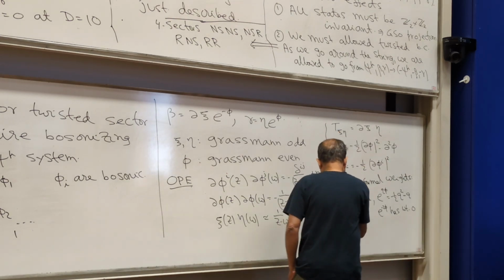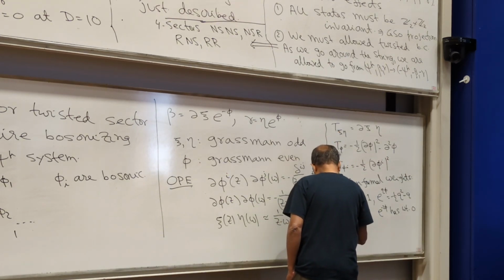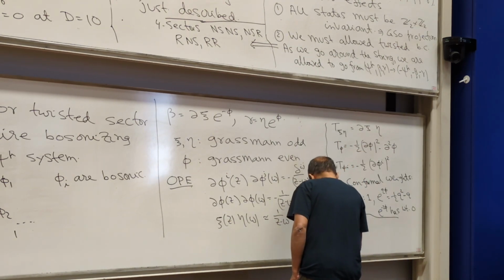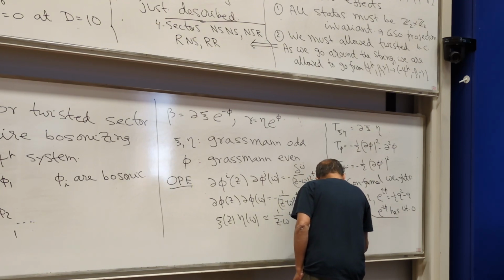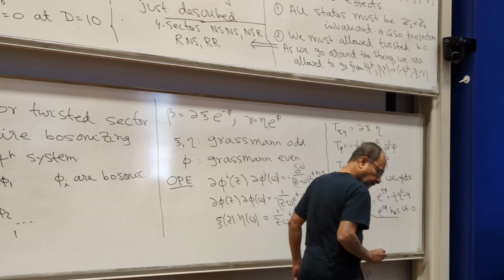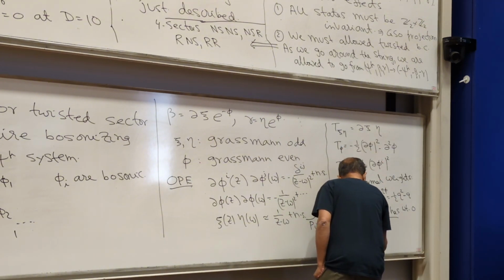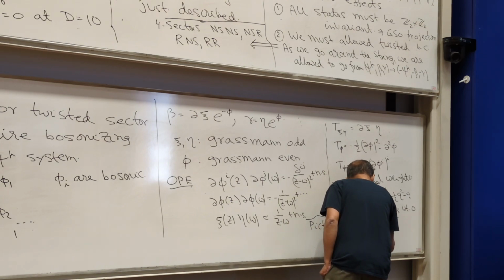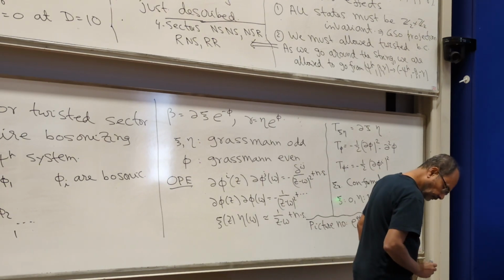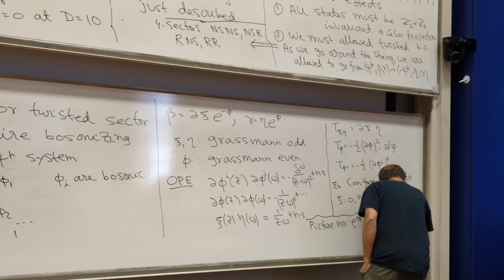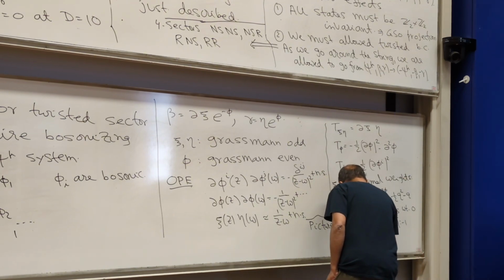And finally, I'll introduce another notation called the picture number. The picture number of e to the q phi will be q, xi will be 1, eta will be minus 1, and beta and gamma will be 0.